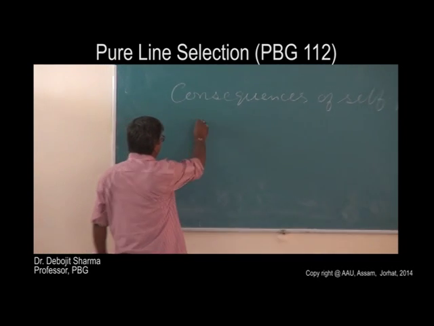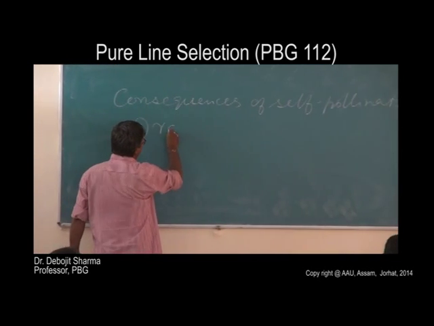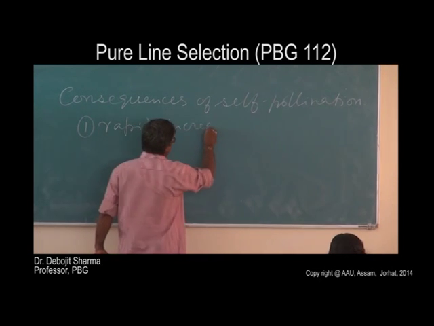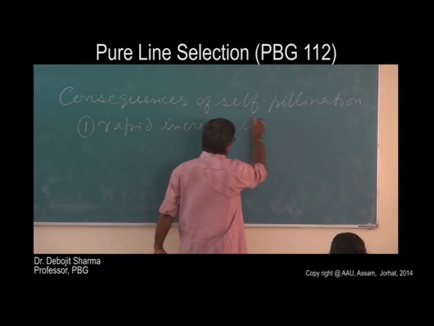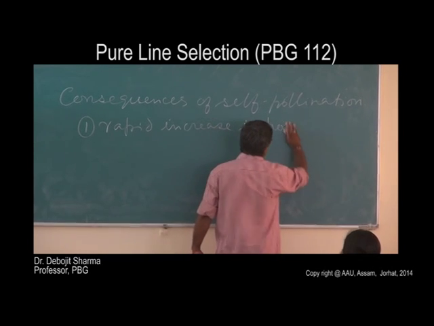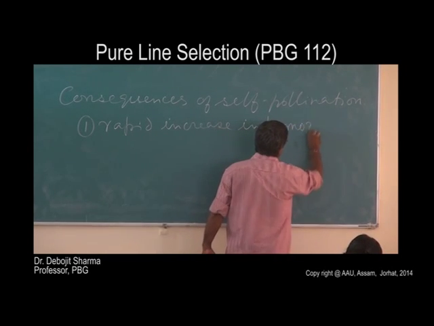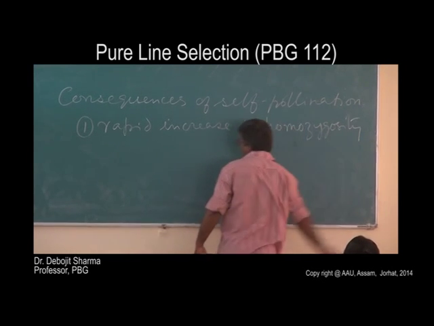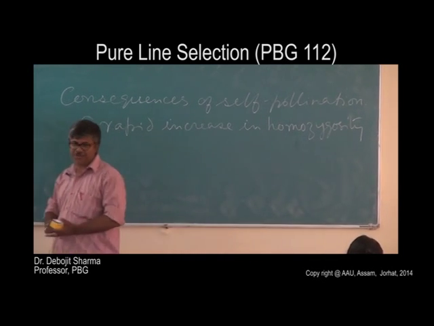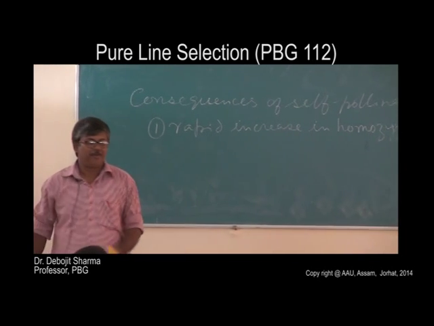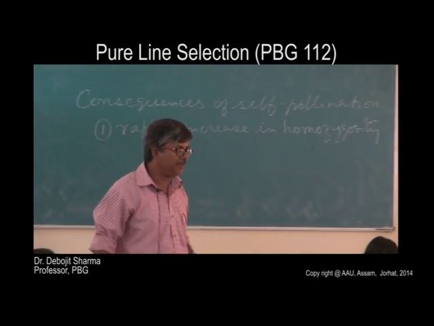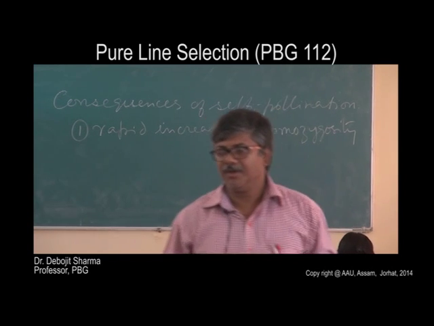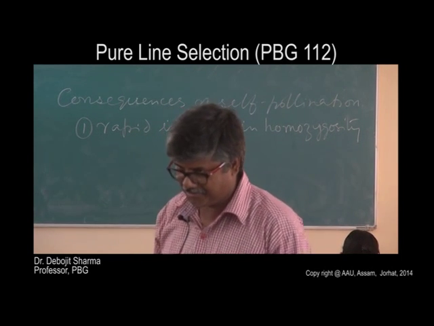Number one, there will be a rapid increase in homozygosity. That I think you have already come to know from the discussion on genetic consequences of hybridization.